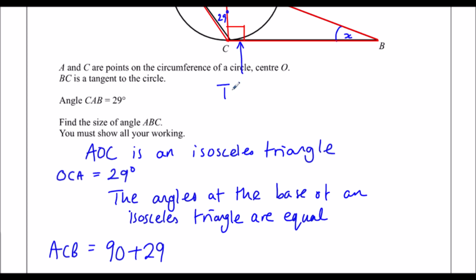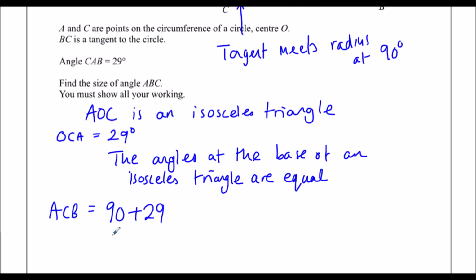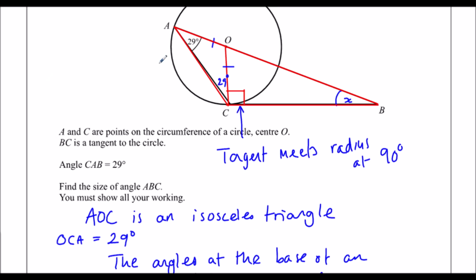So that was tangent meets radius at a right angle. So ACB is 90 and 29. That's 119 degrees. We know we've got a 29 here.